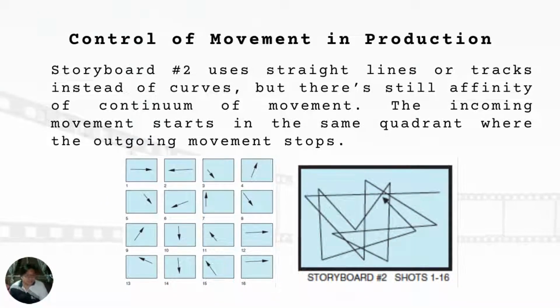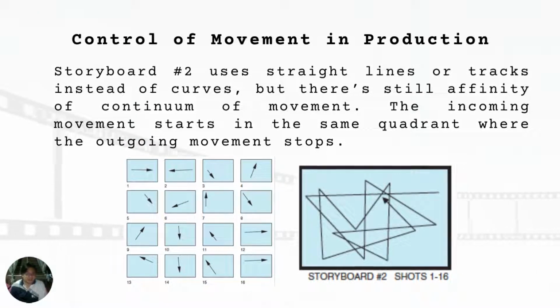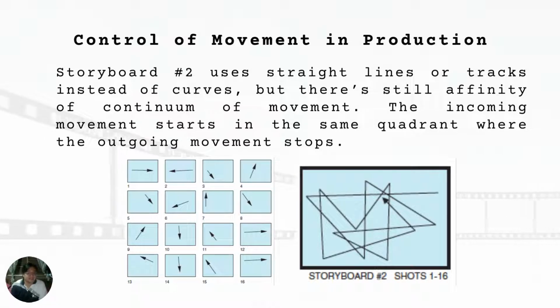Now, storyboard number 2 uses straight lines on tracks instead of curves, but there is still affinity of continuum. Even though you did straight lines, the audience follows, sinambot pa rin noong moving object yung point of attention ng audience. There's still affinity of continuum of the movement.